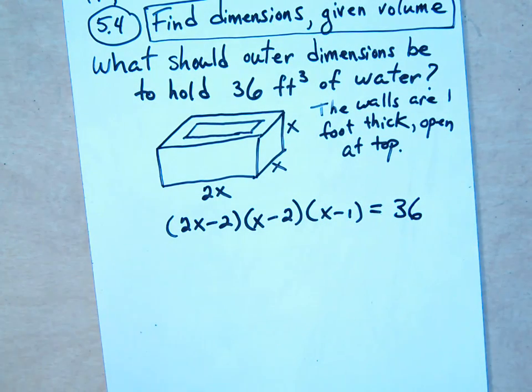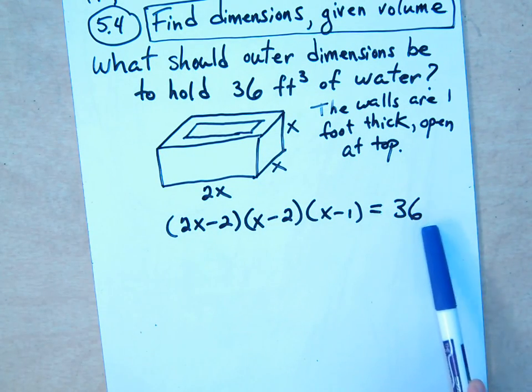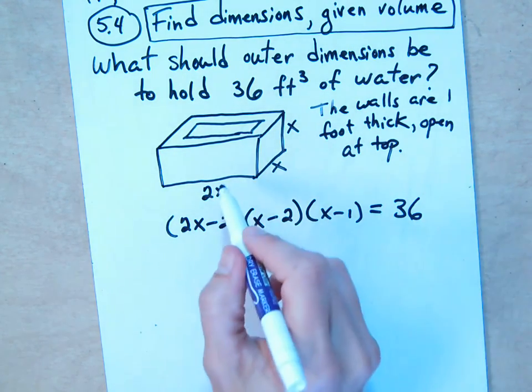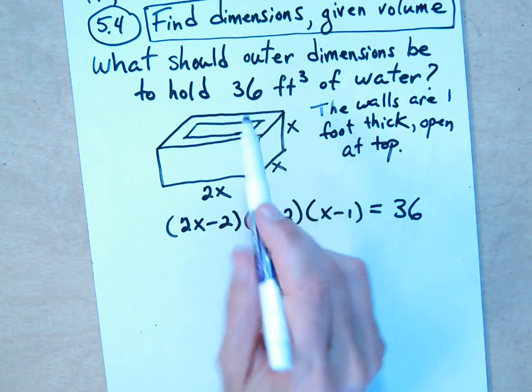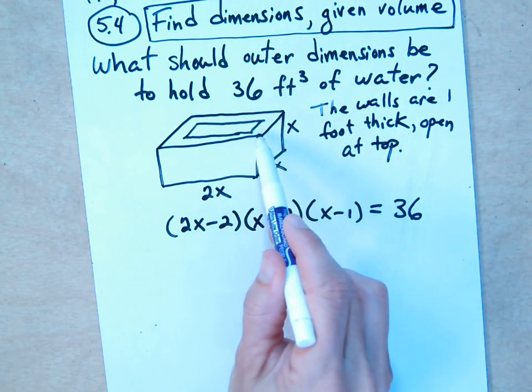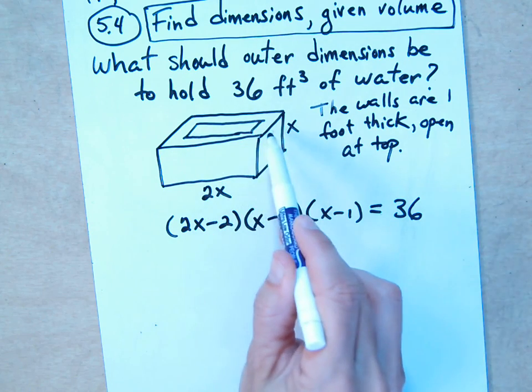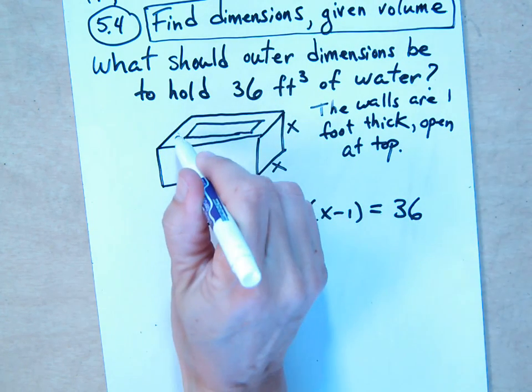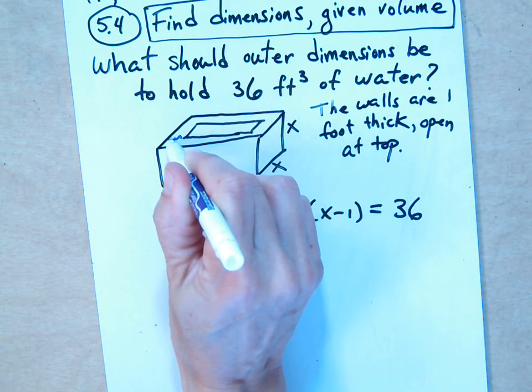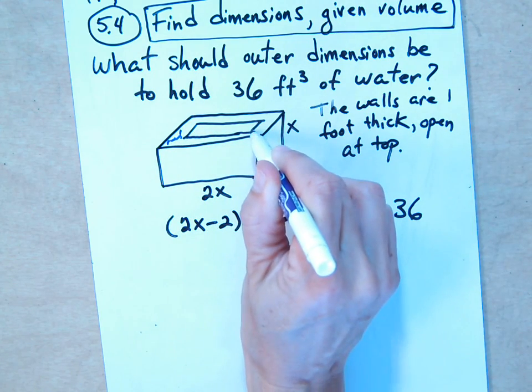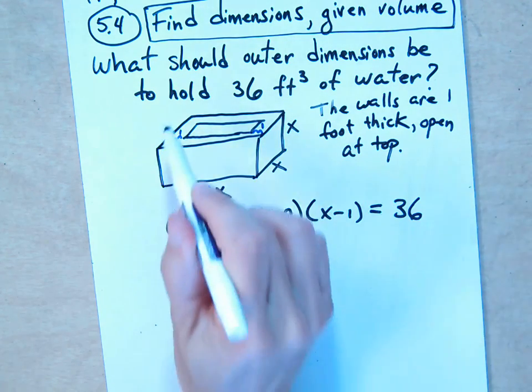And so let me explain why you're given this volume of 36. That's where that comes from. This is because the length of this side is 2x minus 2, because remember the walls are 1 foot thick, so that's 1 and that's 1 right there.